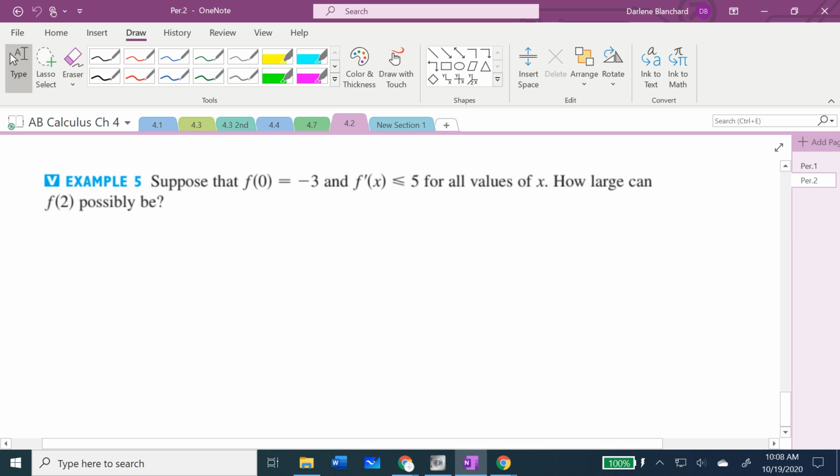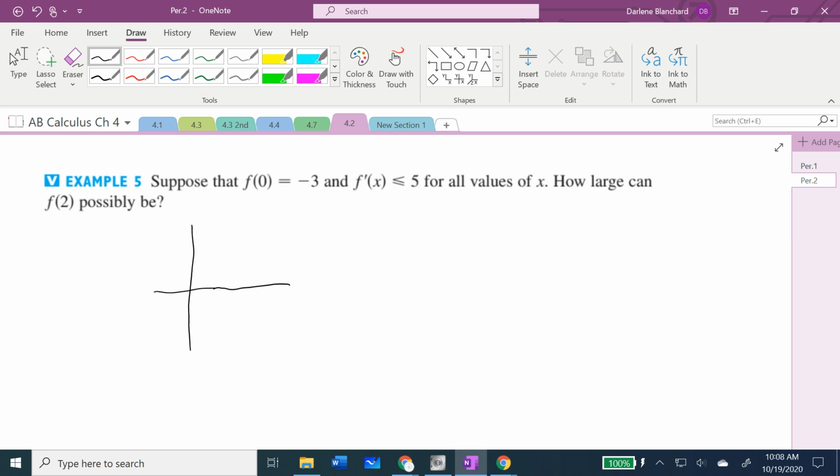I find that with these problems, I like to draw what I'm looking at. But for some of you, you may go about it in a different way, and that's perfectly fine. Do what logically makes sense to you with this problem.